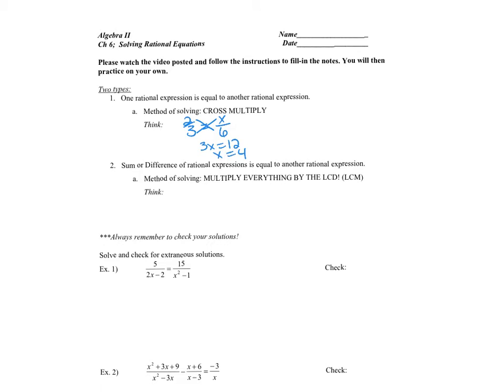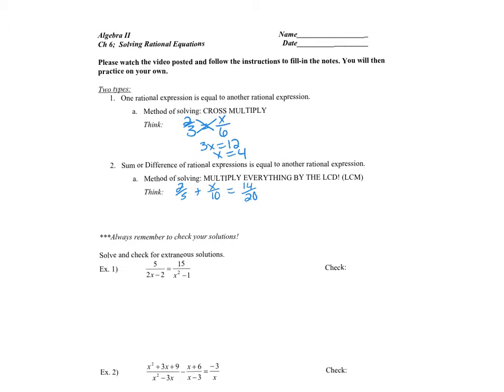Now the second type is when you have a sum or difference of rational expressions that's set equal to another rational expression. To solve this, the method you're going to use is to multiply everything by the LCD. So if we think in terms of simpler fractions, let's say I have 2/5 plus x over 10 equals 14 over 20, and I'm trying to solve for x.